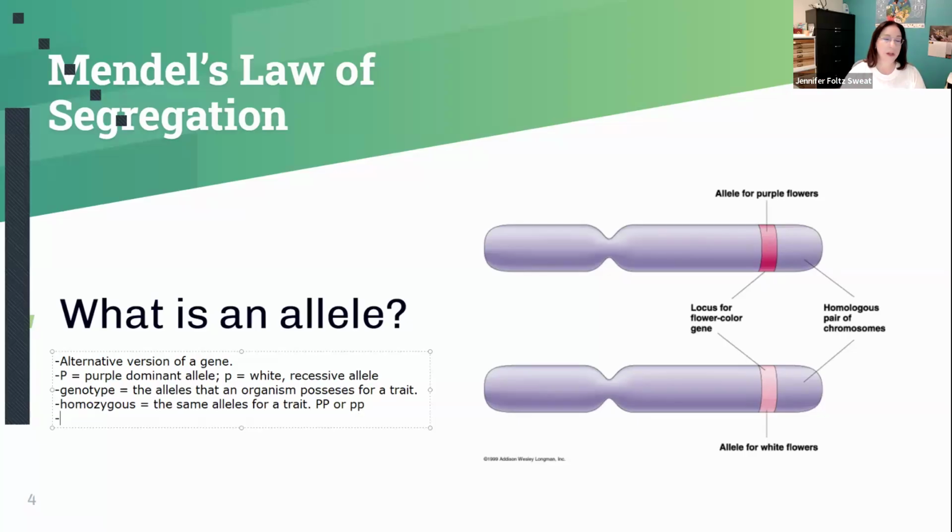Now, like I said, you guys should have gone over this on your own, but I want to make sure that you have the correct information, plus repetition always helps, right? Okay, so an individual can also be heterozygous. Hetero means different. And so a heterozygous individual has two different alleles for a trait.